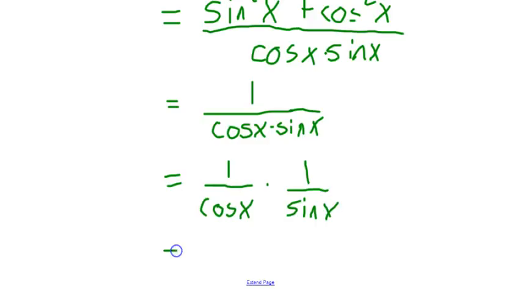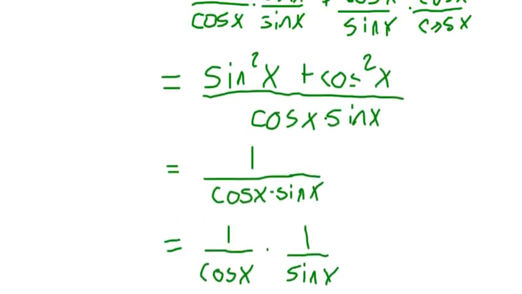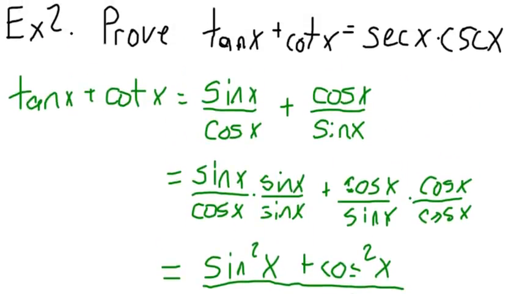We know 1 over cosine, the reciprocal function, relates to secant x, times 1 over sine is cosecant x. So we started with a slightly more difficult side of the equation, used some of our trig properties, and simplified down to the right side of the equation, which was secant x, cosecant x.